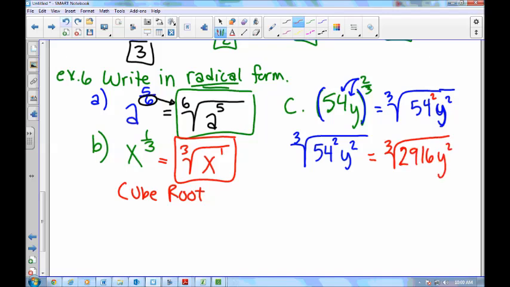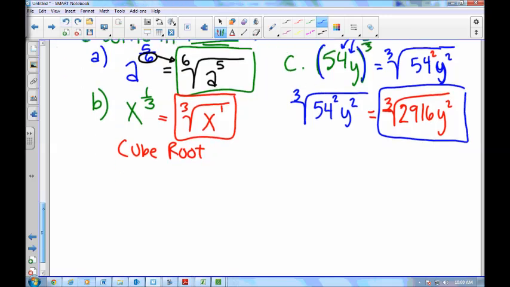Now, how many y's are here? 2. Can I pull them out? Sure. Look at your index. We can pull things out if they are in groups of 3. So that's something you do need to check. Sometimes you can pull it out, but sometimes you can't. So let's be careful. Let's try another one. I think we should try another one of those difficult ones.